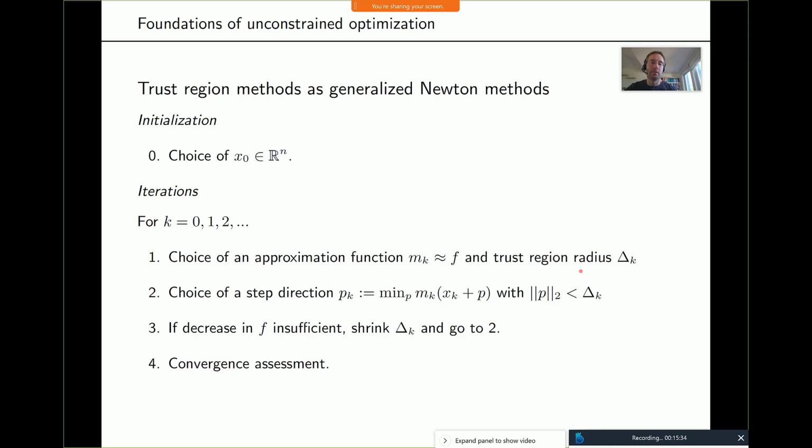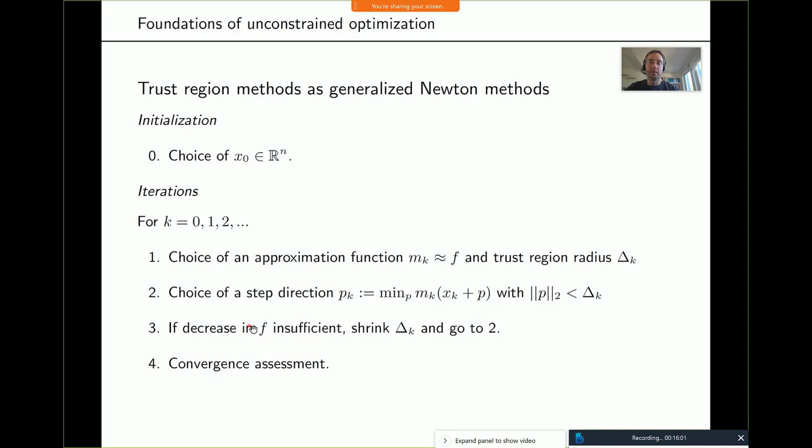So you define kind of a radius at which you trust your approximation, and basically make sure that you choose a step direction that minimizes this approximation function, but is not going outside of a trust region radius lambda k.